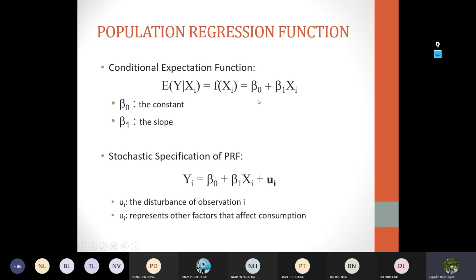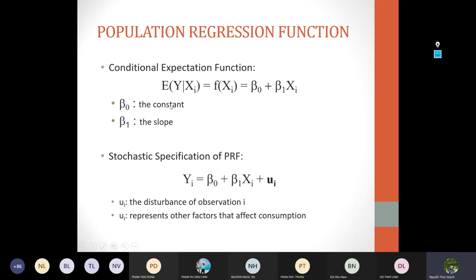The slope shows the direct effect of the independent variable X on the conditional expected value of Y. This is called the population regression function, and it shows the functional or deterministic relationship between X and the conditional expected value of Y.